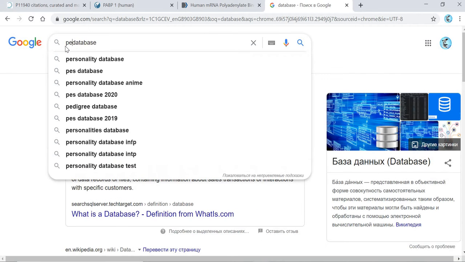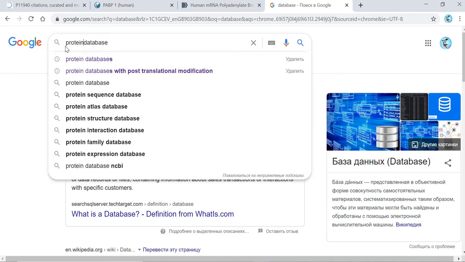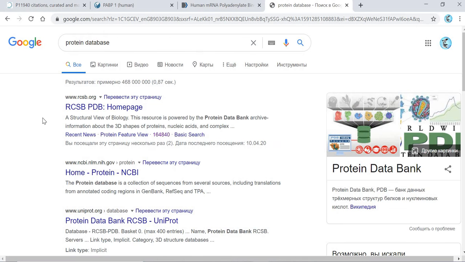For example, let's search for protein database. And yeah, the first database that you are going to find is the RCSB database. So it's the Protein Data Bank.